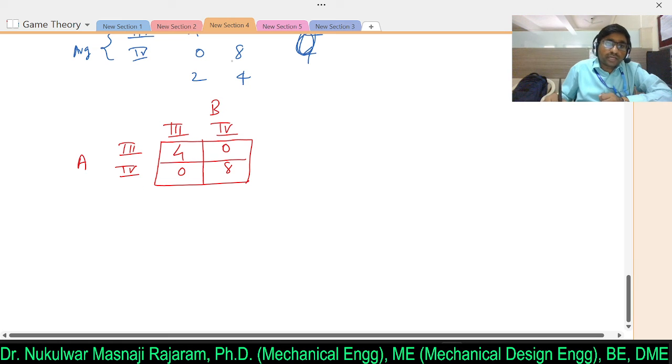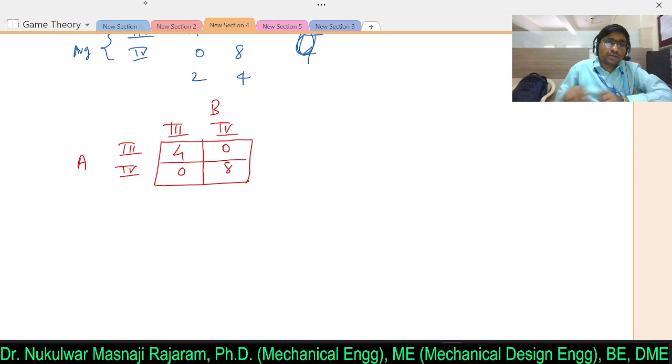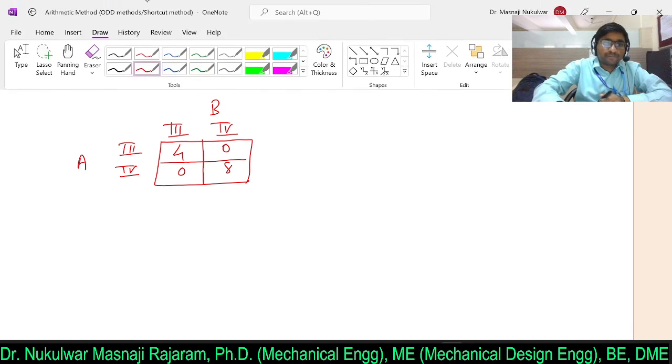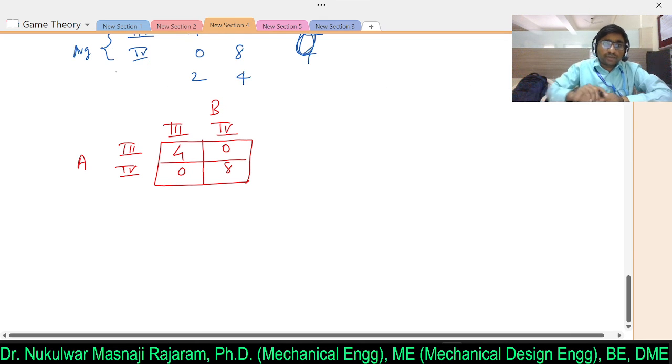Then what I will do, I will use the principle of arithmetic. Clear? So here I will write 4 minus 0, that will be equal to 4. 0 minus 8, minus 8 I will write in mod value 8. 4 minus 0, that will be the 4. 0 minus 8, minus 8 I will write in mod value, just interchange 8, 4.